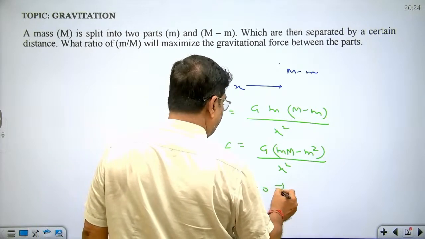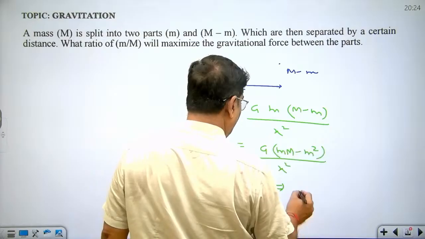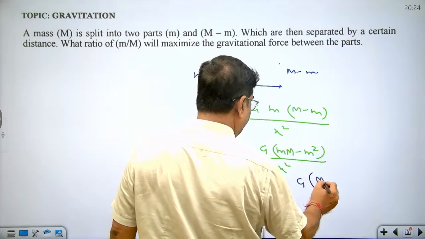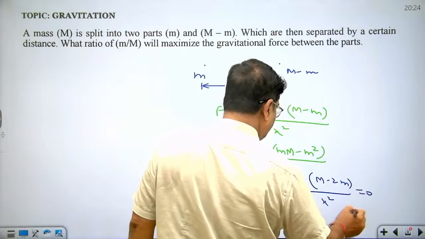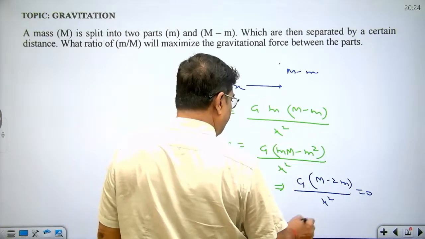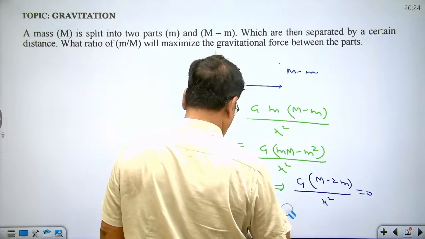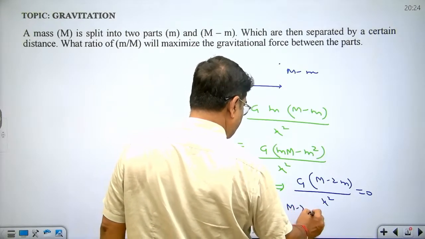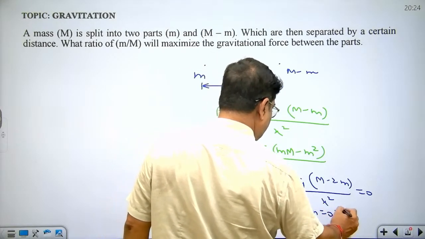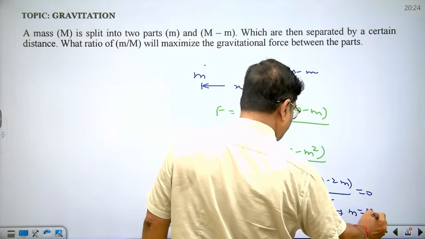So we get G (M minus 2m) upon x square equal to 0. After solving this equation, M minus 2m will be equal to 0, which means small m equals M by 2.